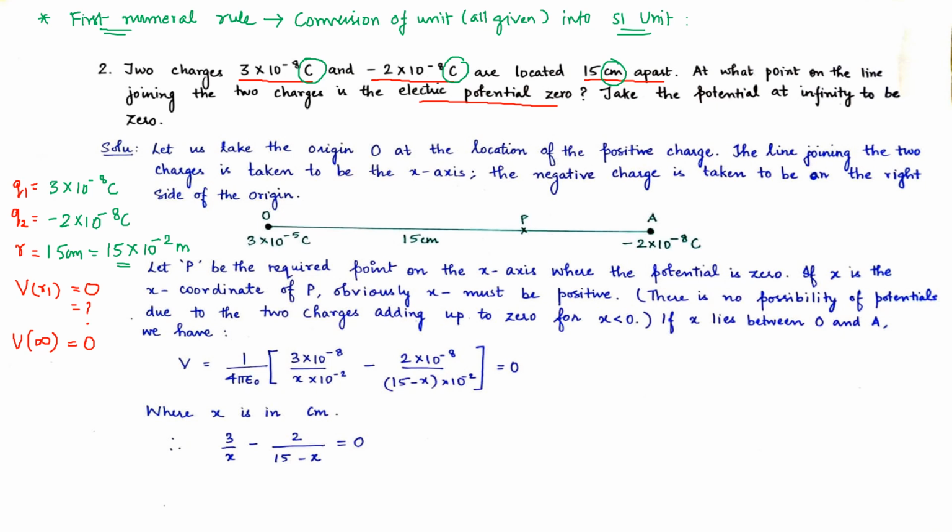So the question is saying we are having a charge placed at one point, and the other placed 15 centimeter apart from the first point. Now we are taking this point at origin, so that this will come 0 and here it will come directly to 15.